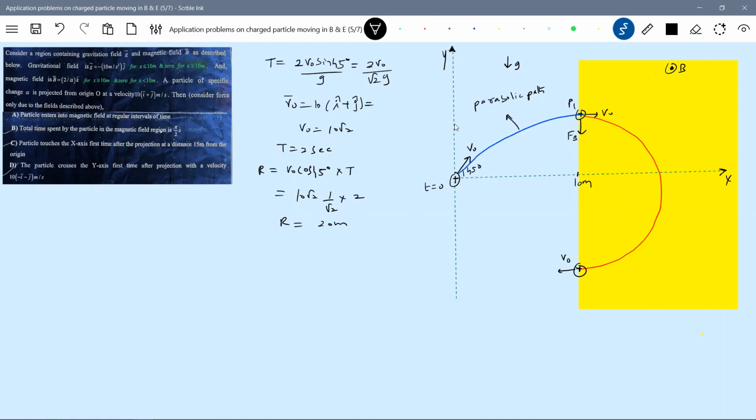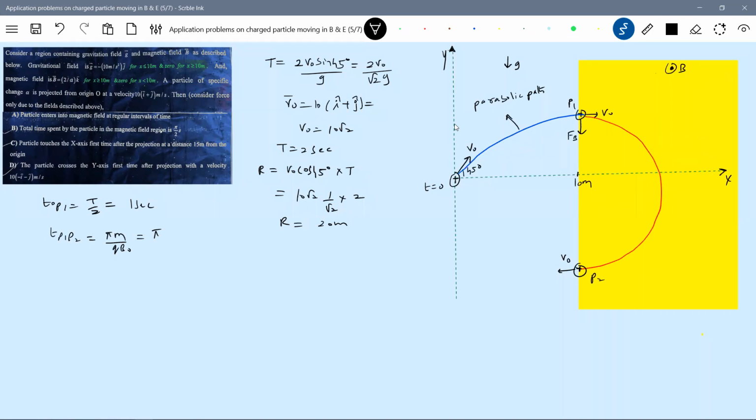There's a time. Okay, we'll do one thing. We'll write P1, P2. The time taken to move from O to P1 is half of the time period, T by 2, which will be 1 second. What is the time taken to move from P1 to P2? Time period of revolution, pi m by q b0.